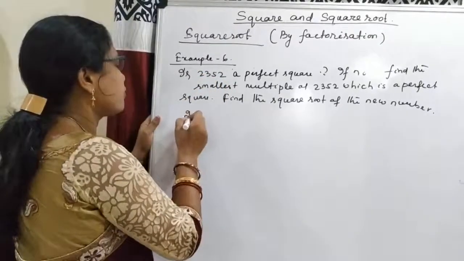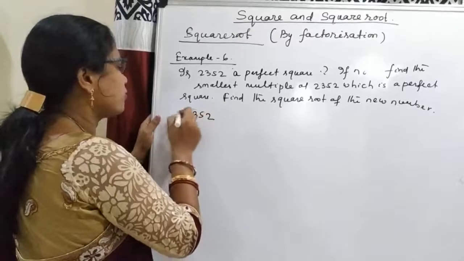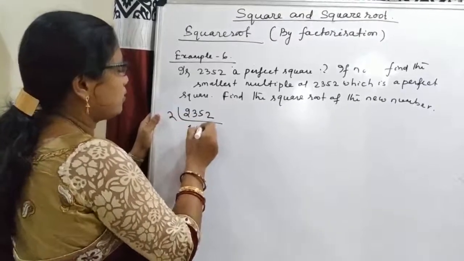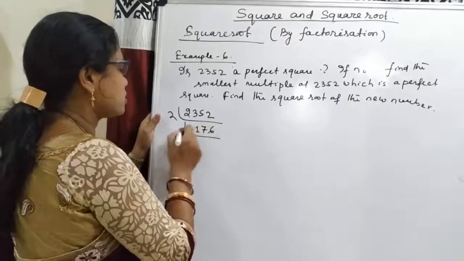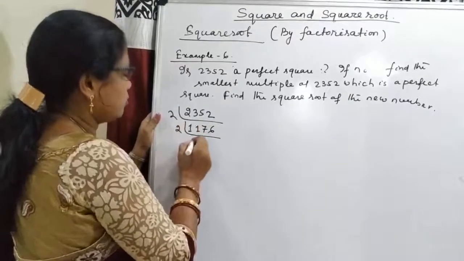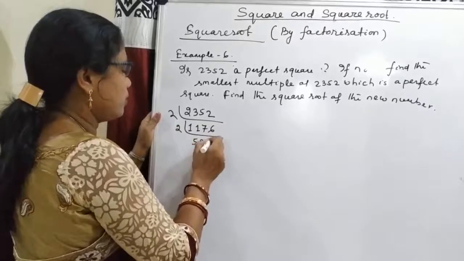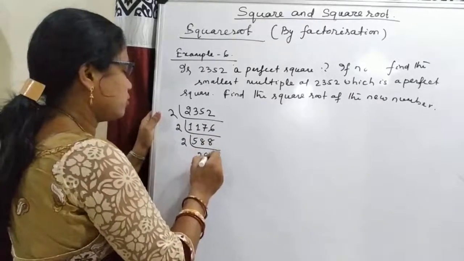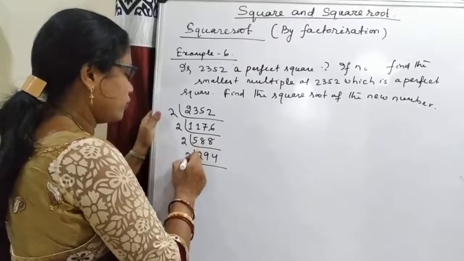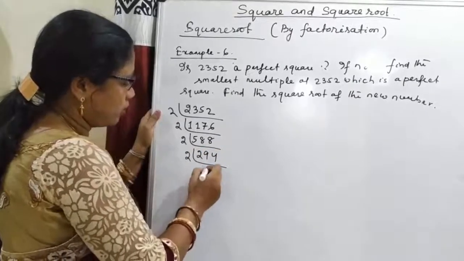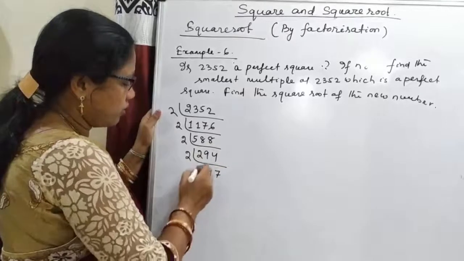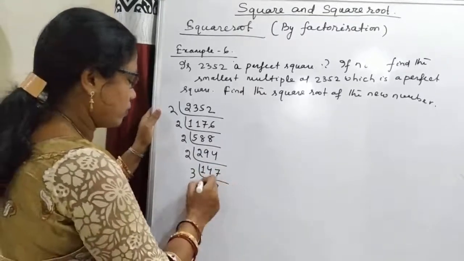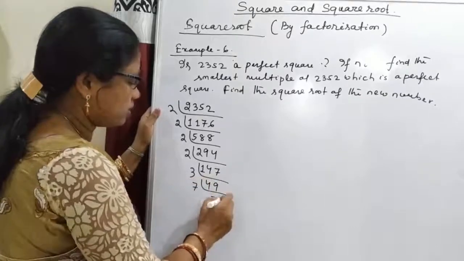So first we have to factorize 2352. 2, 1176, then 2, 588, then 2, 294, then 2, 147, then 3, 49, then 7, 7.